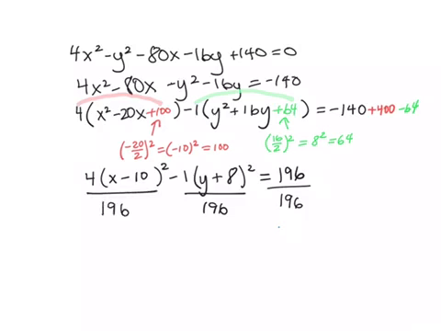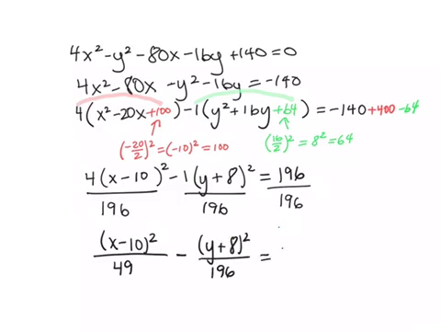So when we do that, we end up with x minus 10 quantity squared all over 49 minus, so that negative 1 is going to become your minus sign for the hyperbola, y plus 8 quantity squared over 196, and this would all be equal to 1.